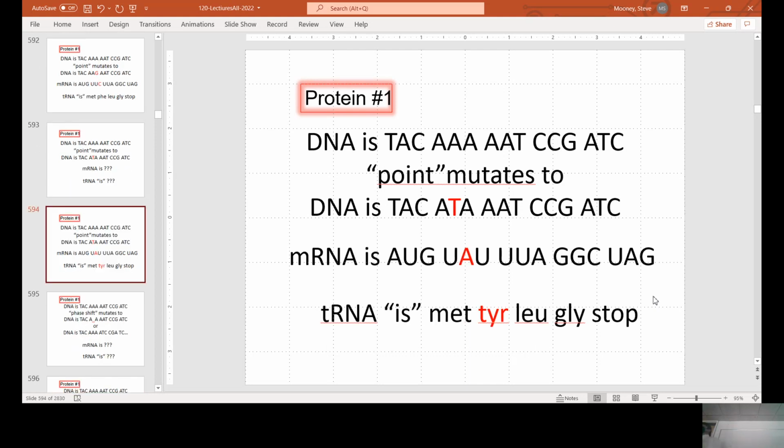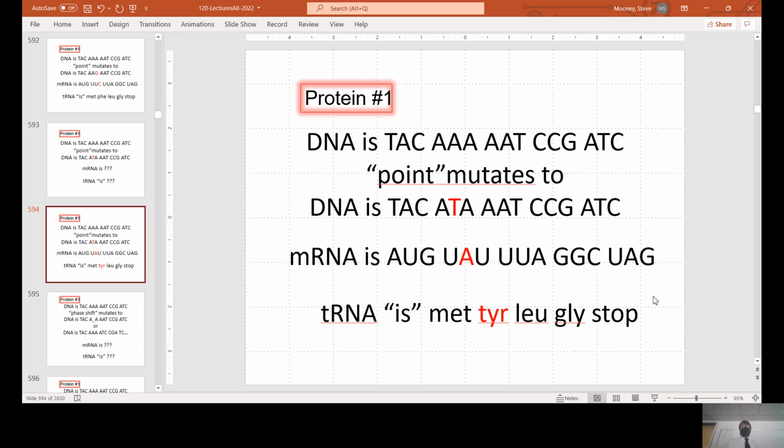We take that phenylalanine, we bring in a tyrosine, and now that molecule is going to fold up a little bit different. The R group on tyrosine is different than phenylalanine. It's going to react a little bit different. Might still get the job done, might not. But it's going to be different.